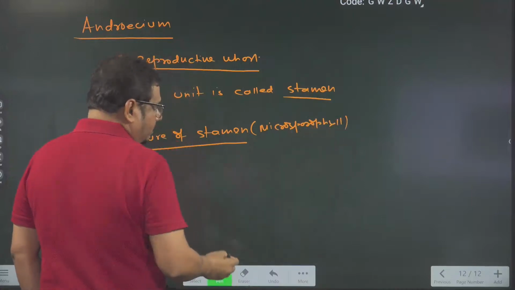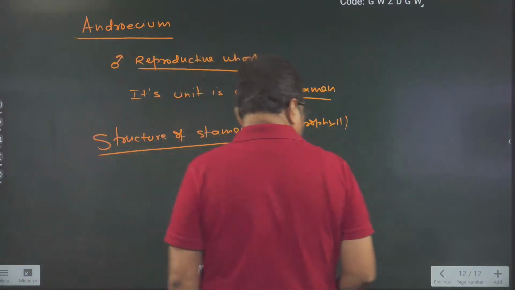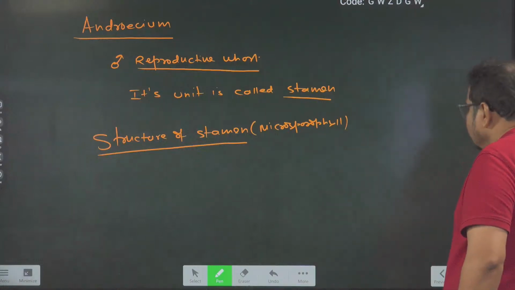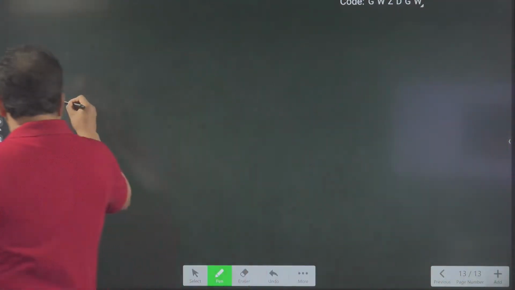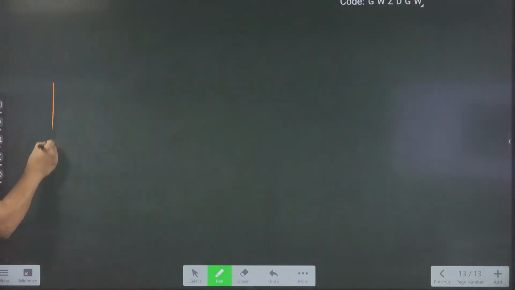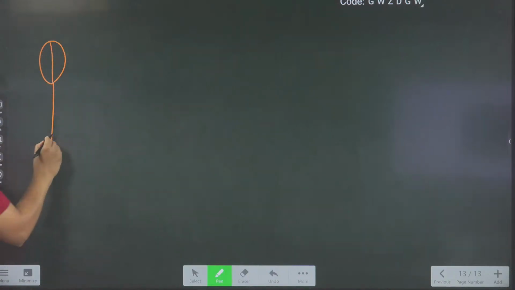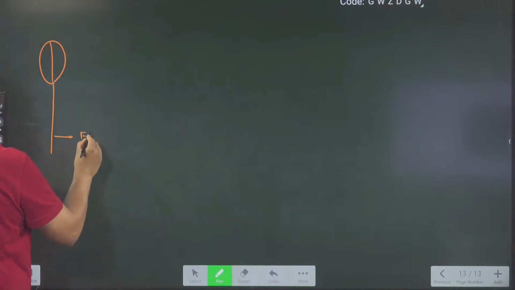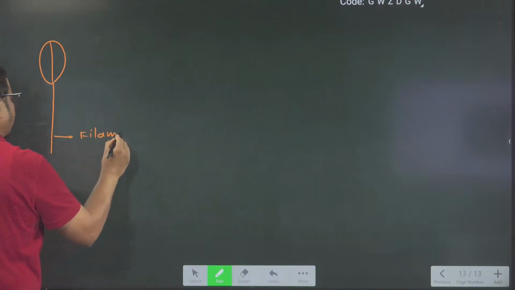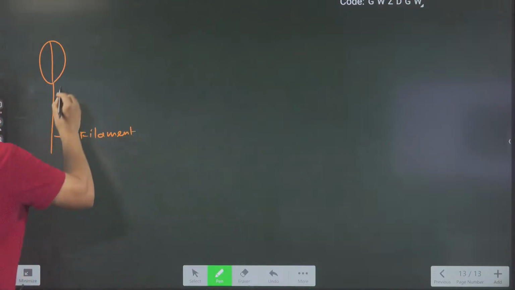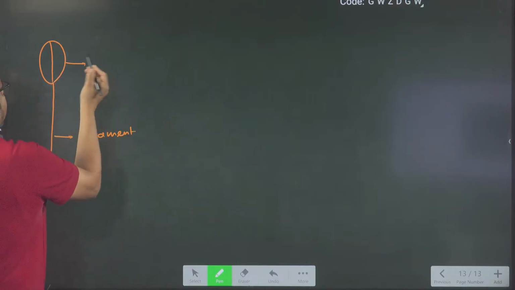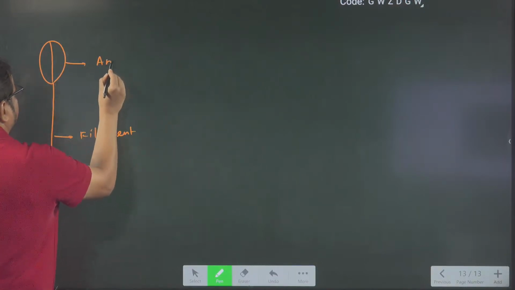If we talk about the structure of a stamen, how it looks, I think I have to take a bigger slide. So look here at the structure of a stamen. It looks like this. Here the stalk of the stamen is there, it is called filament. And here a knob-like, pinhead-like structure is there, it is called anther.